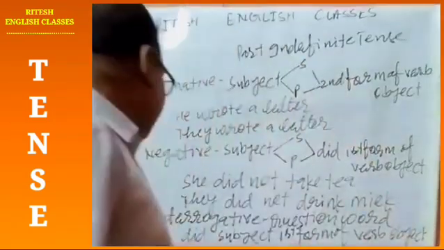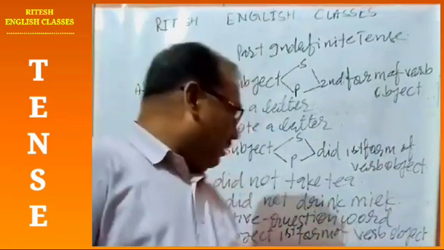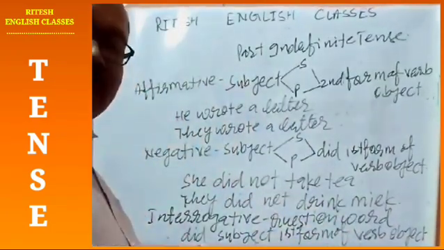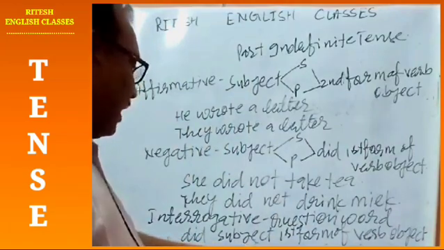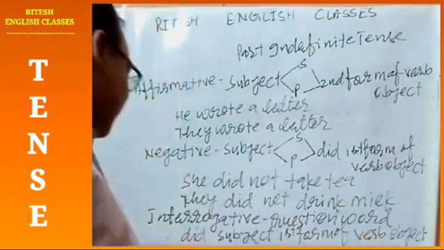This is the structure of an interrogative sentence. First of all, you will write the question word, and after that did will be the helping word, and the subject either singular or plural, and the first form of the verb, and again object.